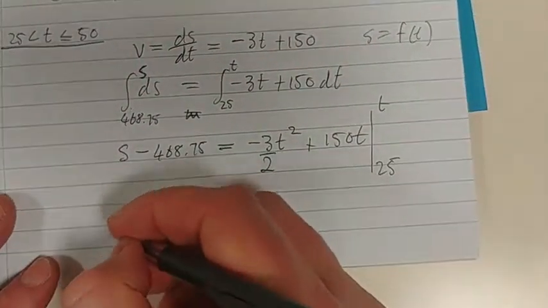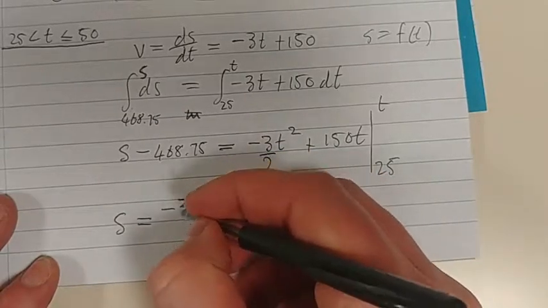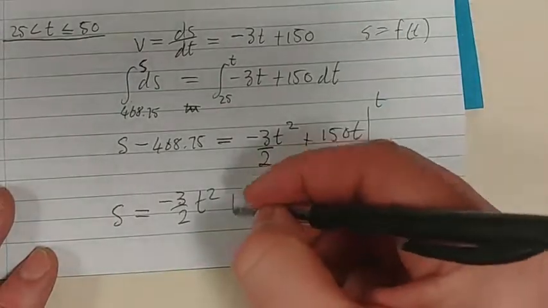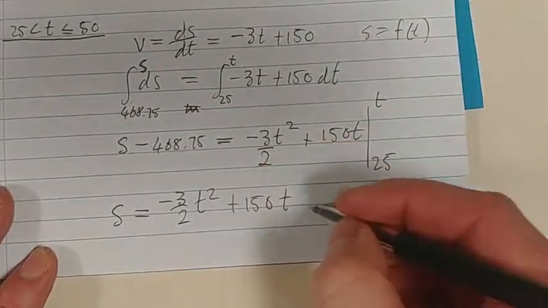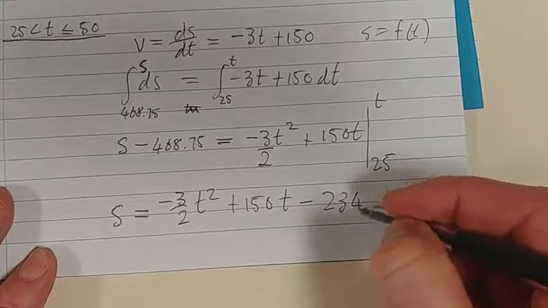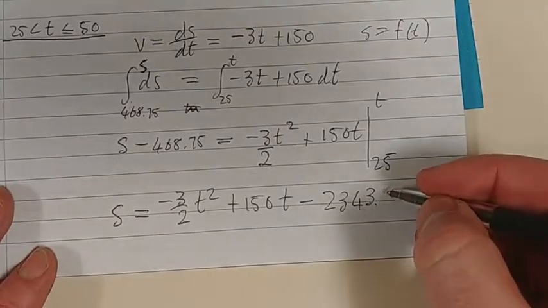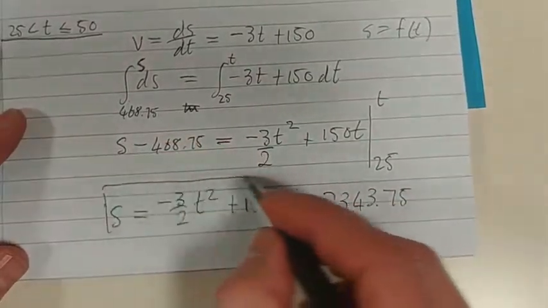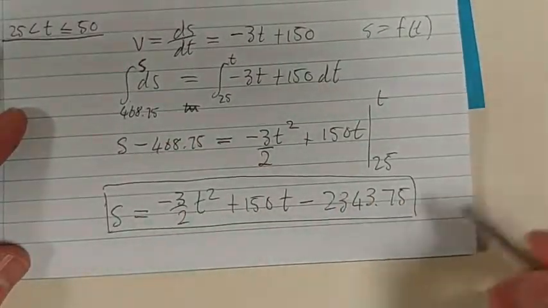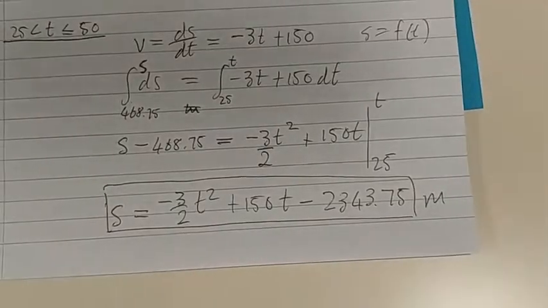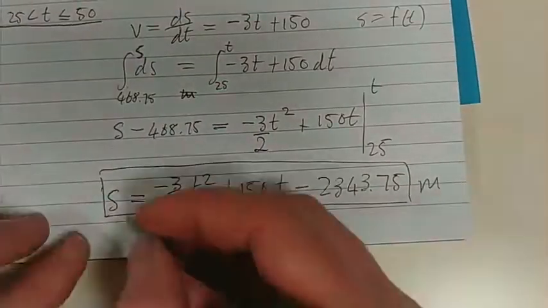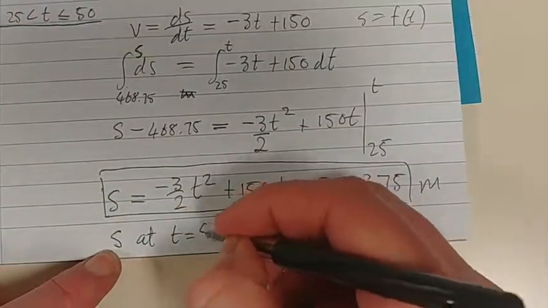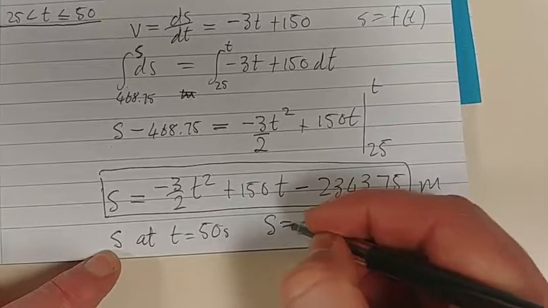This ends up being s equals minus 3 over 2 t squared plus 150t minus 2343.75. Okay, now I've got my second function. This is in meters. Excellent. Then I can say, okay, what is my position at t equals 50 seconds?